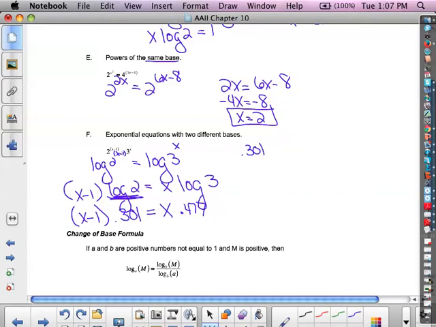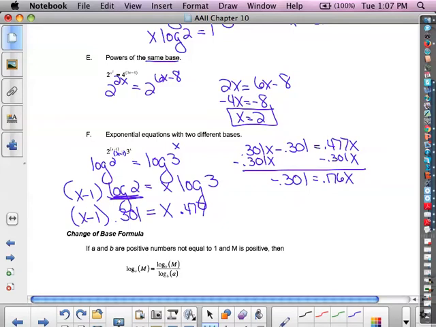So now I have 0.301 times x minus 1, so 0.301x minus 0.301 is equal to 0.477x. I'm going to subtract 0.301x from both sides. And I will have minus 0.301 is equal to 0.477 minus 0.301, which is 0.176x.